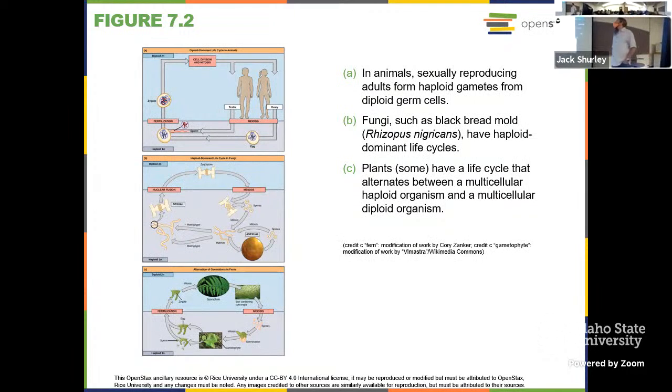So it really depends on the types of organisms that we think about as far as how they reproduce. And we can further divide some of this, maybe a little more thought toward the tail end as we think about ecology, how populations are behaving in the first place. There are differences, right?